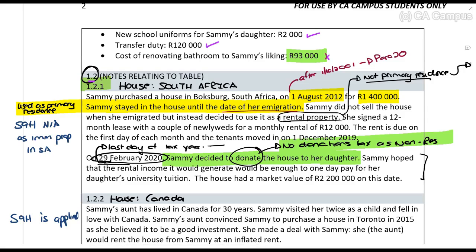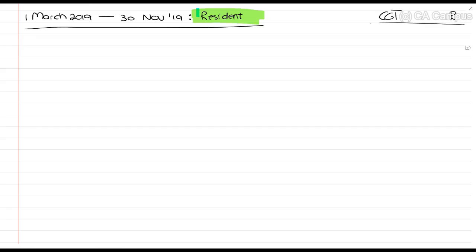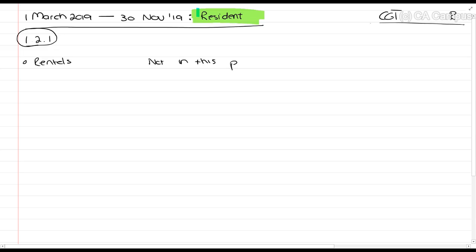Right, the rental income she then starts receiving after she became a non-resident, and that's also when the donation takes place. So let's actually do it step by step. So let's start with this first one. So this is when she's a resident, 1st of March to 30 November. Okay, so first I'm going to write also here, rentals, and that is not in this period. So I'm just trying to show you we don't consider it for this period because it only starts from the 1st of December. What else happens in this period? She emigrates.